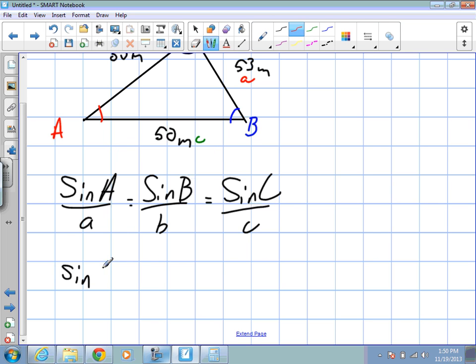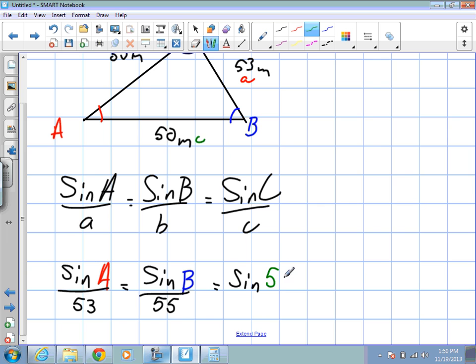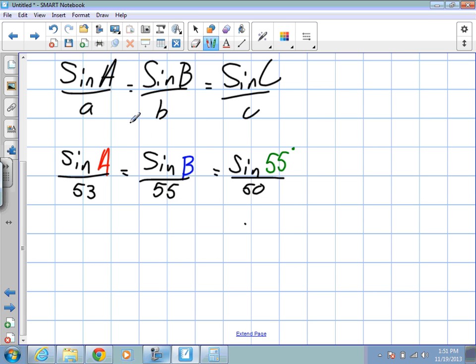Side A is a measurement of 53, is equal to sine B. Side B was how long? 55? Yeah. And then sine angle C is 55 degrees, right? Divided by side C, which is 50 meters. So let's take a look at this. The goal is to solve for A. Okay? I have a complete ratio. We need one complete ratio, which means I need an opposite side and angle.